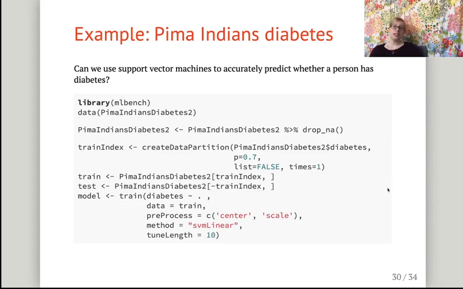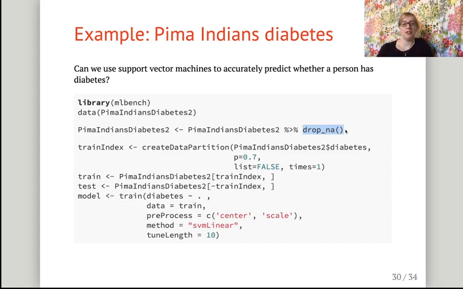So let's use this support vector machine to do a prediction. Can we use this to predict, say, whether a person has diabetes? Here I'm taking a data set that we've seen before from the mlbench library, the Pima Indians diabetes data set. The first thing I'm doing here is dropping the NAs.